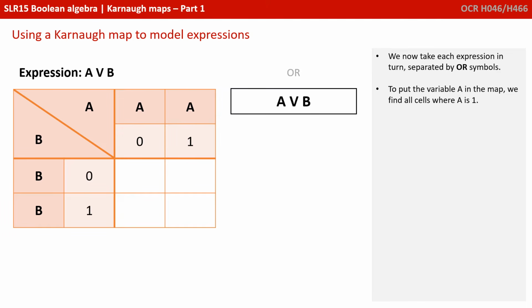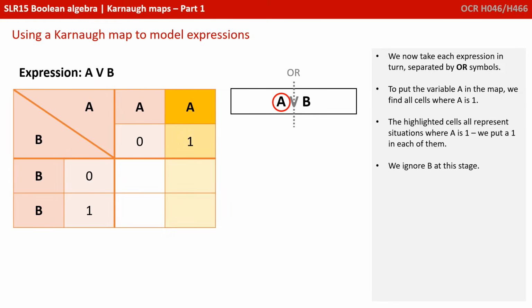We now take each expression in turn, separated by the OR symbol. We put the variable A in the map. To do this, we find all cells where A is 1. The highlighted cells all represent situations where A is 1, so we put a 1 in each of them. We ignore B at this stage.